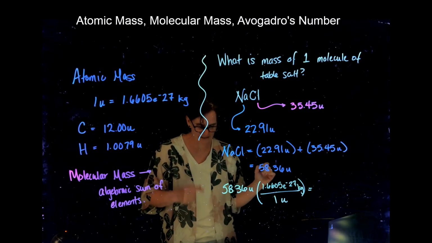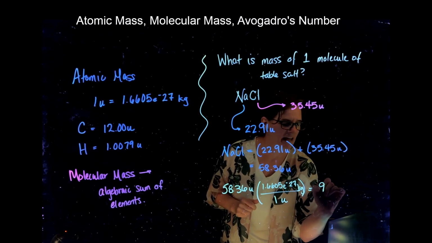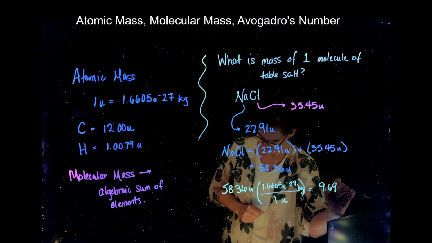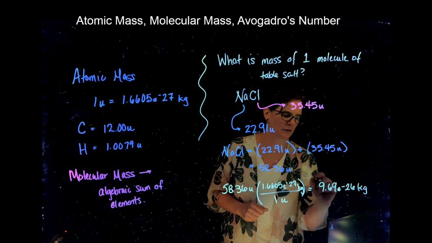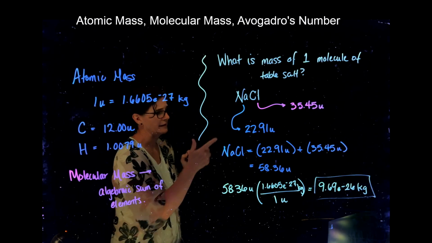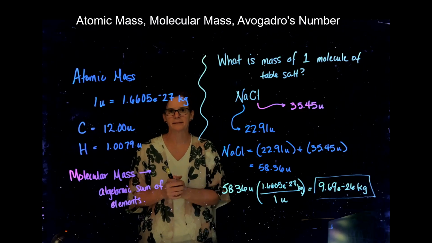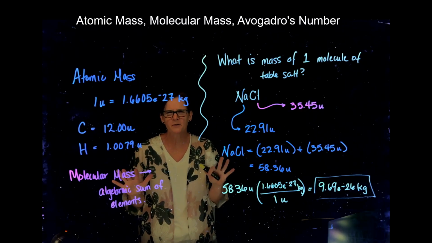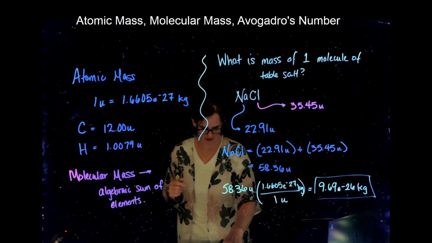Then the mass in kilograms is 9.69 times 10 to the minus 26 kilograms. So one molecule of sodium chloride has a mass of 9.69 times 10 to the minus 26 kilograms. Pretty straightforward, getting an idea of how we use some of this language.